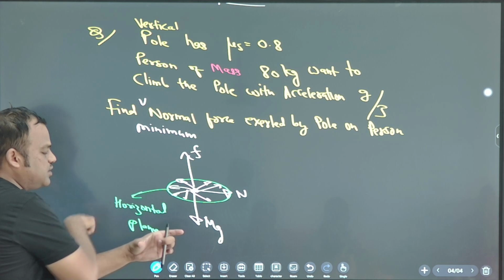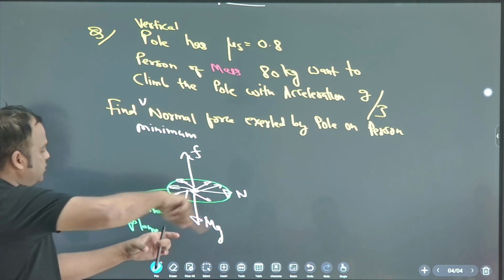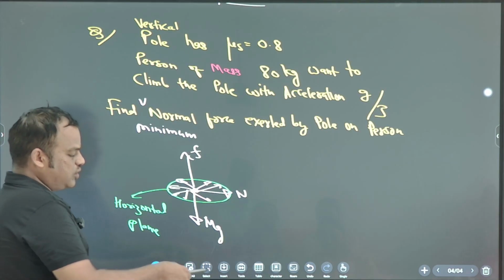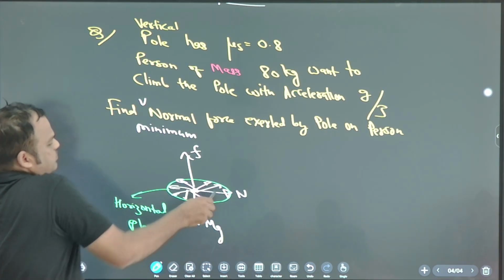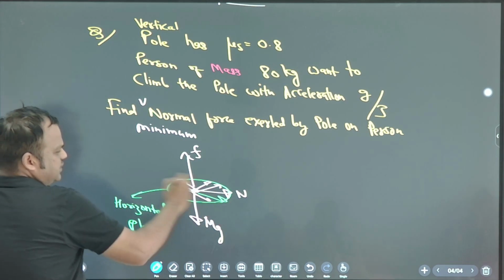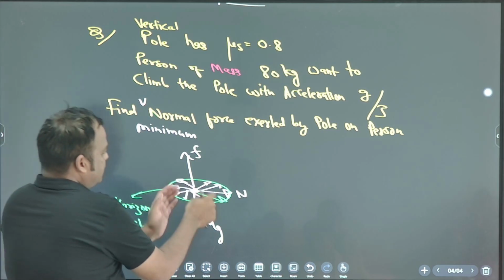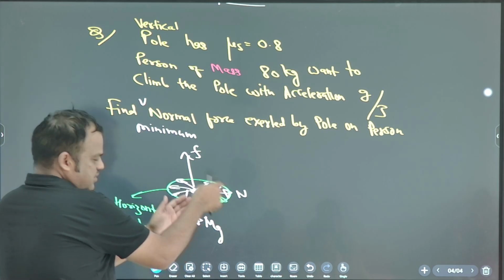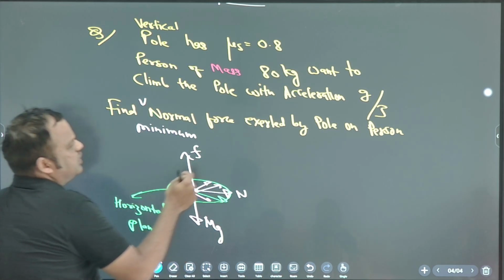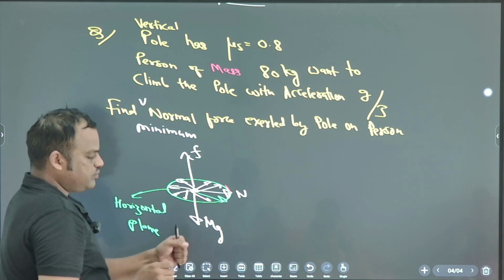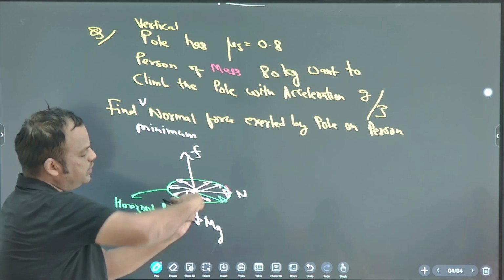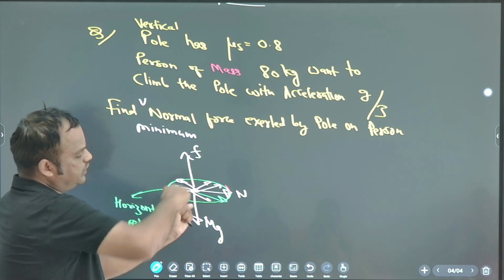Everywhere contact is there, so everywhere normal is there. Okay, understood. So these are the normal forces. If you add all these normals, friction is acting here, here, here, here. All the points friction is acting.